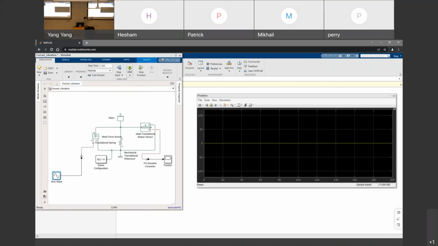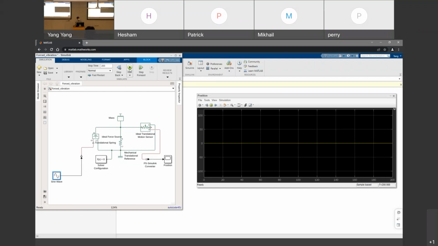That's where the motion stops. So if the frequency of the force is much larger than the natural frequency, you will see the motion stops.